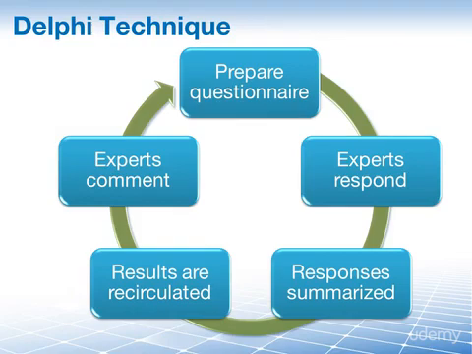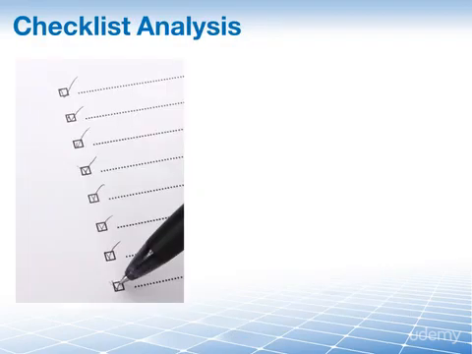Some advantages of this technique are that it can significantly reduce bias in the data and minimize any one individual or group from influencing the outcome. The Delphi technique can be used to identify risks for any individual phase of the project or the project as a whole. Checklist analysis is next on our list.